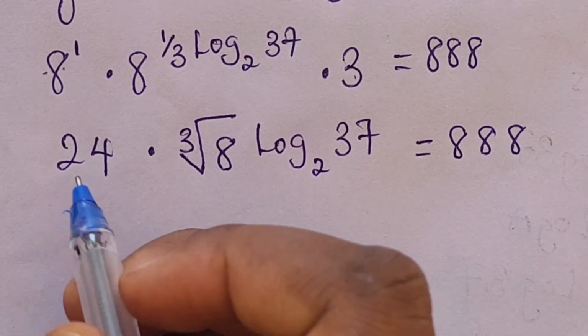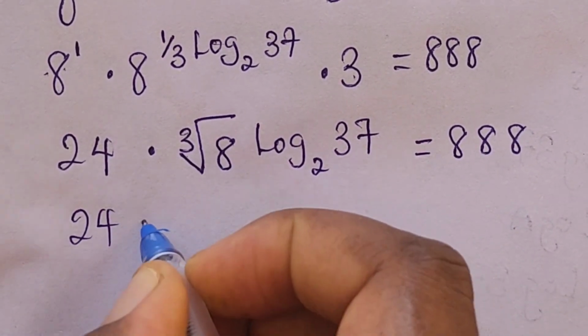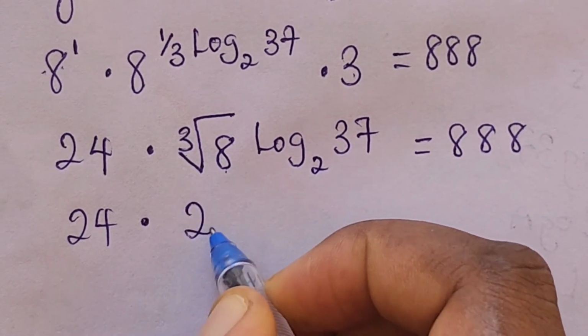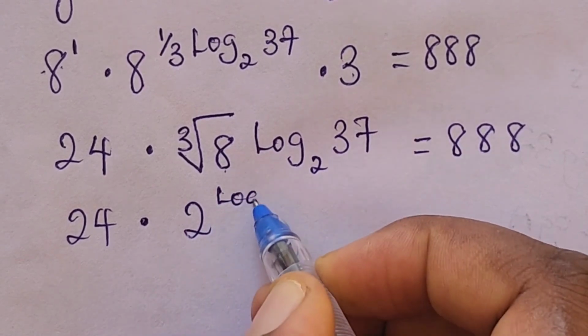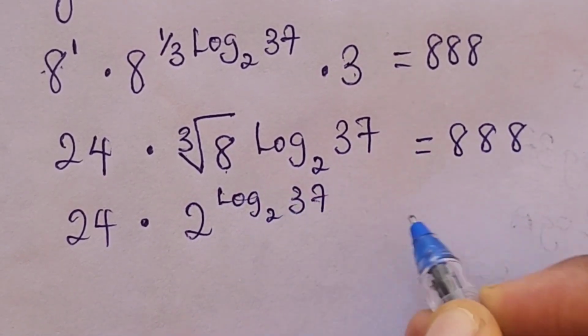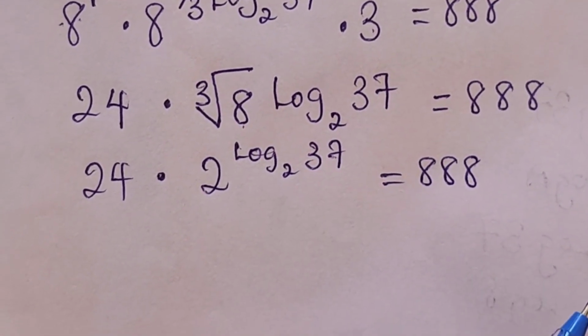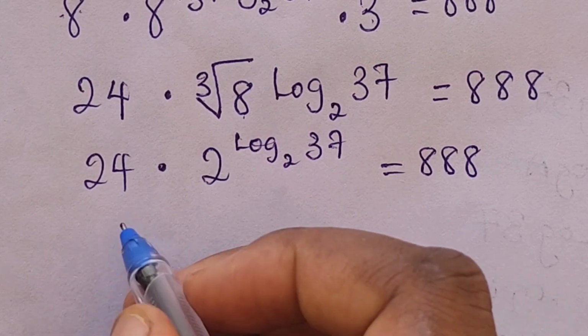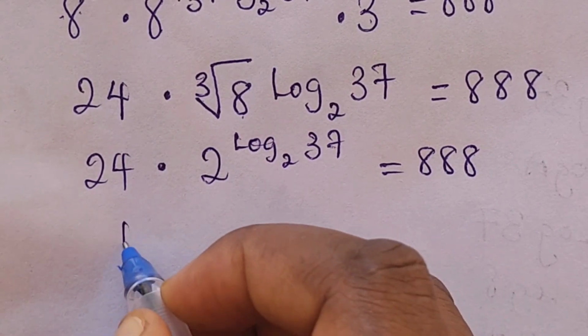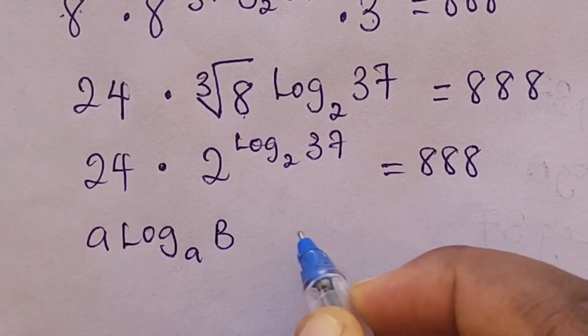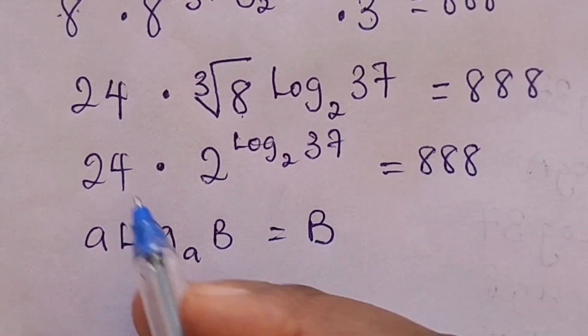Will it give us 888? So here we have 24 times the cube root of 8 is 2 to the power of log to base 2 of 37, which is equal to 888. So this will give us, now let's recall the law of indices. When we have a to the power of log to base a of b, our answer becomes b.